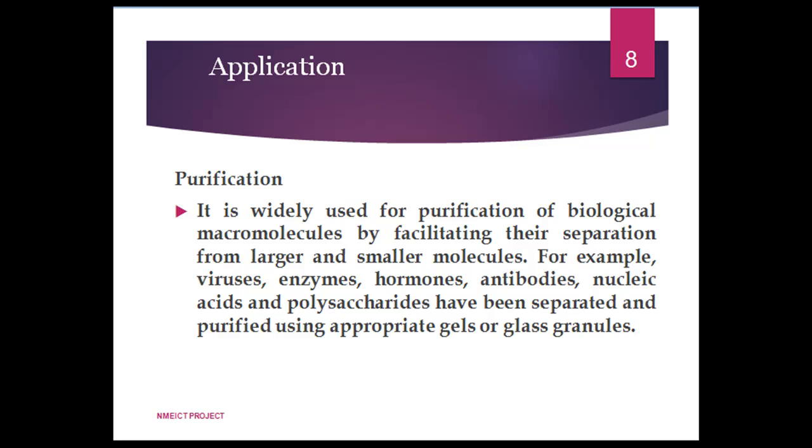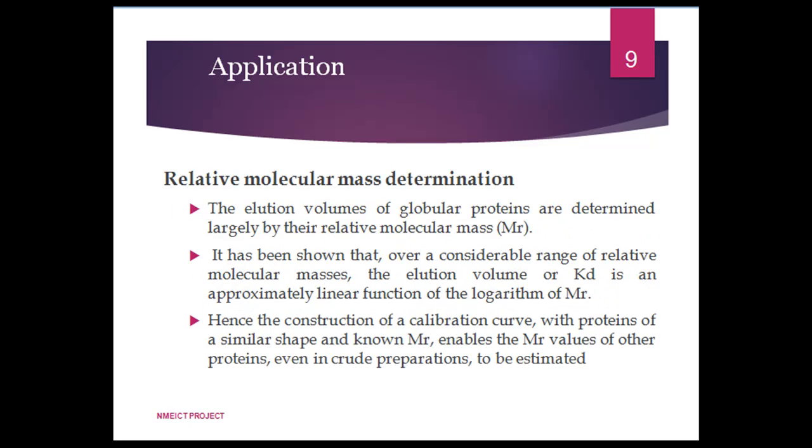This technique is also used for relative molecular mass determination. That is, like electrophoresis, this technique can be used for determining the relative molecular mass of a protein. How can we use this technique? For example, elution volume of globular proteins is determined largely by their relative molecular mass.